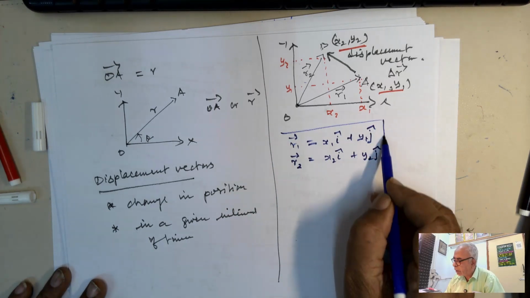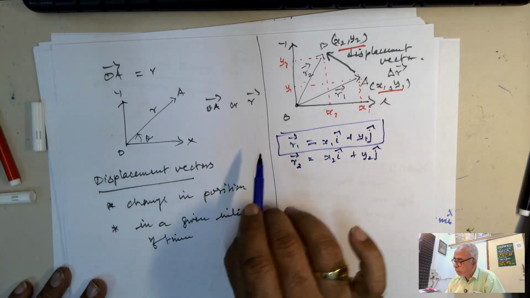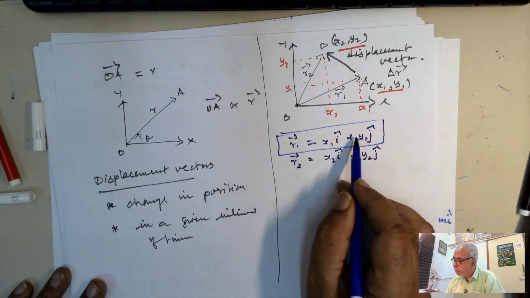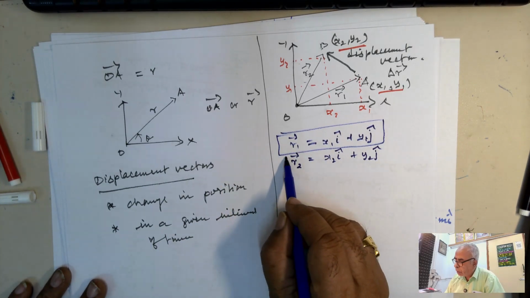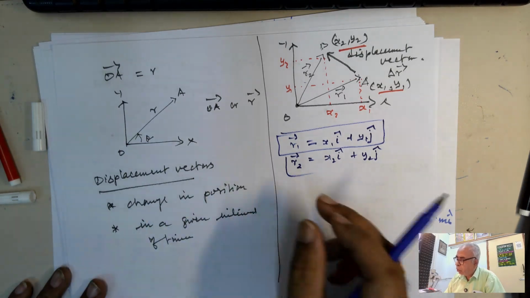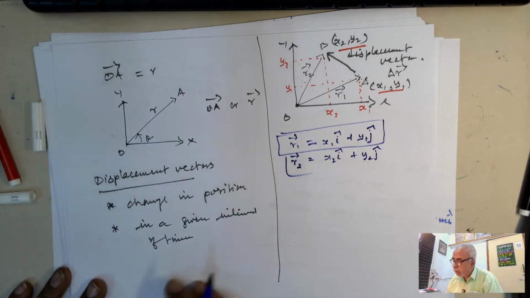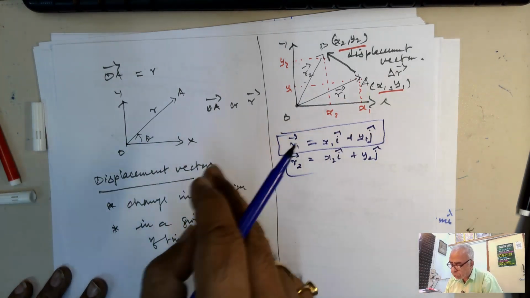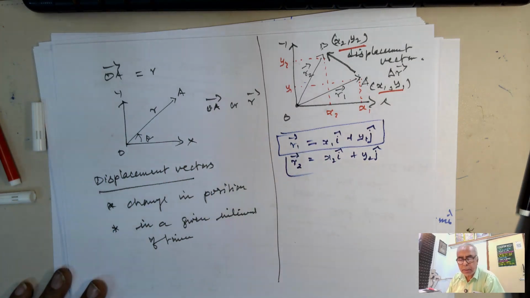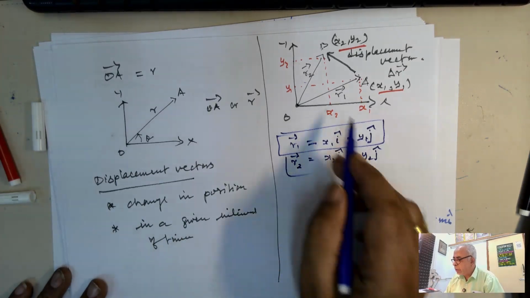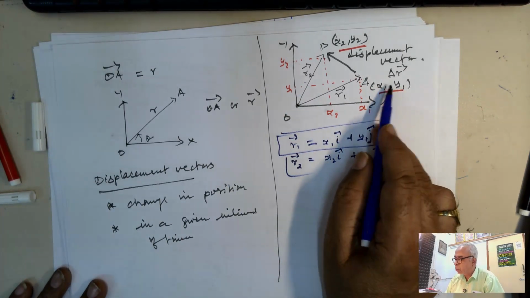So this indicates the displacement. I mean, it is not indicating displacement. This indicates the position vector. And why is it called position vector? The x-axis alone will not be sufficient to indicate the position. Do you understand? So in that case, you need a second dimension, that is y.